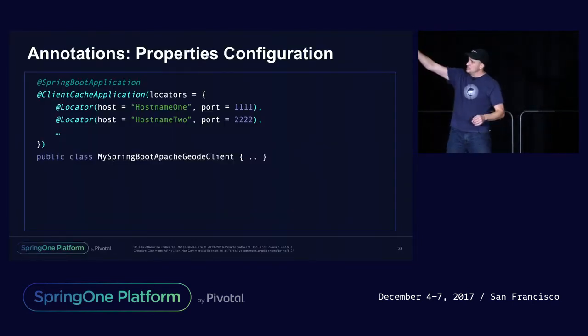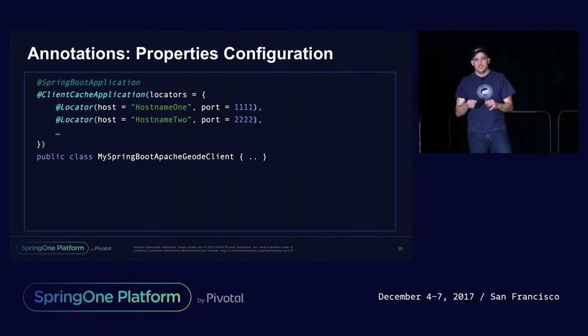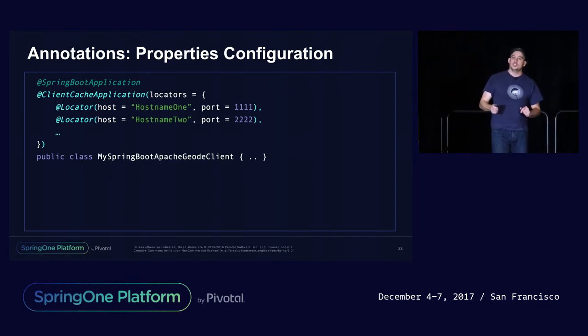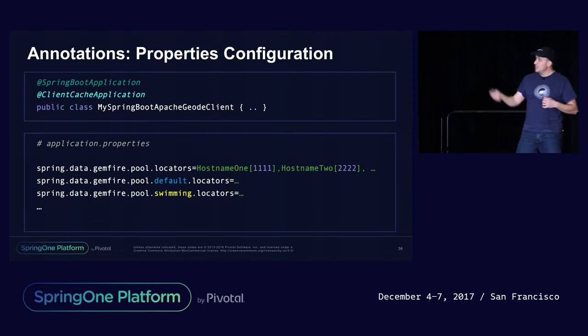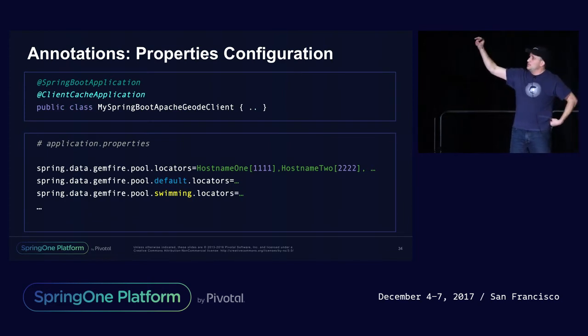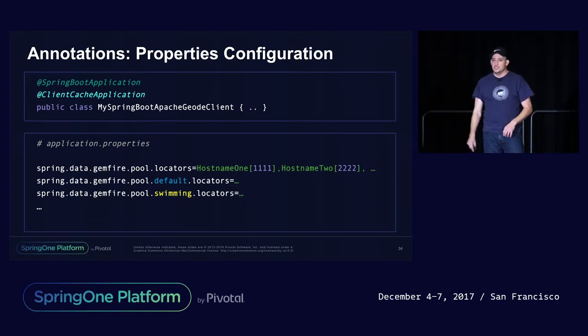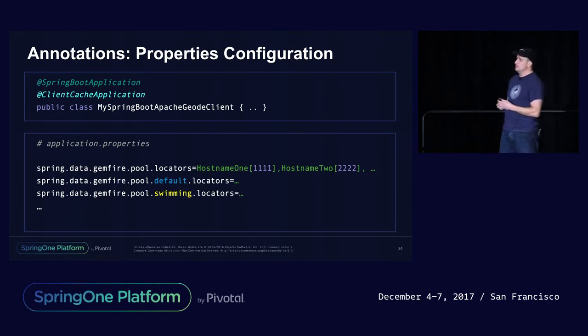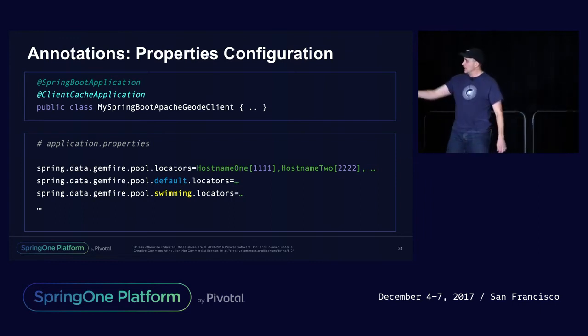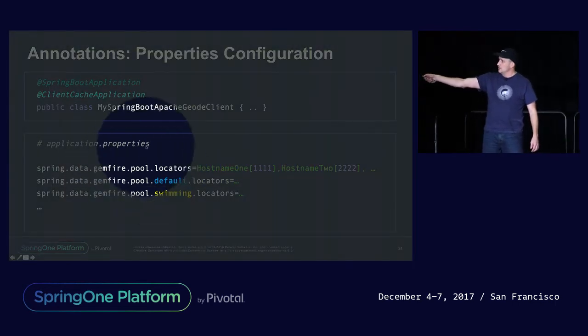So when you see stuff like this, oh, hard-coded ports, you're going, oh, no, I can't do that in production. Well, as I already kind of mentioned, all the annotations, if you look at their attributes, have well-known properties, so you can define things this way. And the pool one's kind of interesting because at the top here, you'll see that I have this sort of generic one here, right? That doesn't have a color coding.